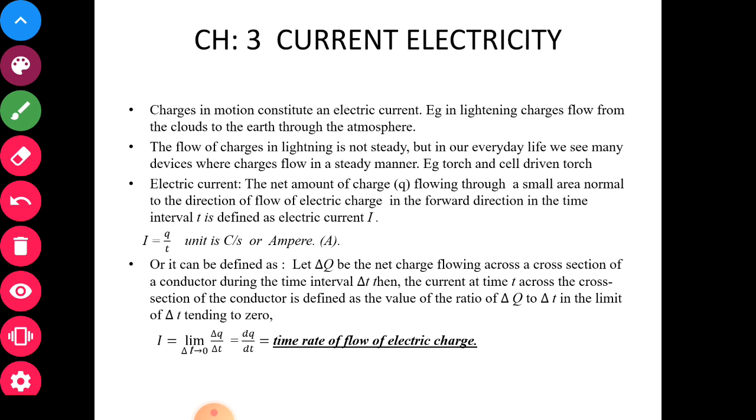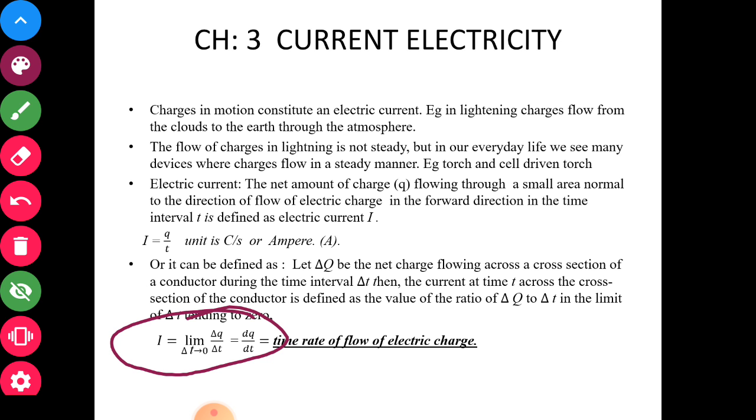Say delta Q amount of net charge is flowing across a cross section of a conductor during time interval delta t. Then current at any time t through that cross section is defined as the ratio of delta Q to delta t, that is I = delta Q upon delta t.